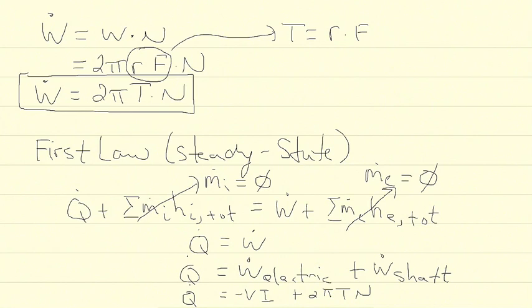The other thing that's important to define for an electric motor or generator, which again we'll get to in just a moment, is the efficiency. We recall that efficiency is simply defined as what we get divided by what we pay for.